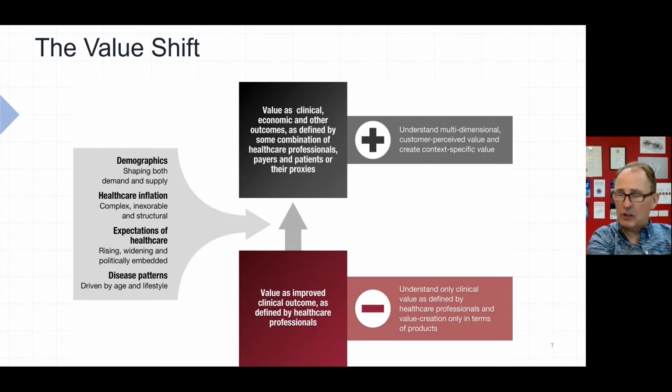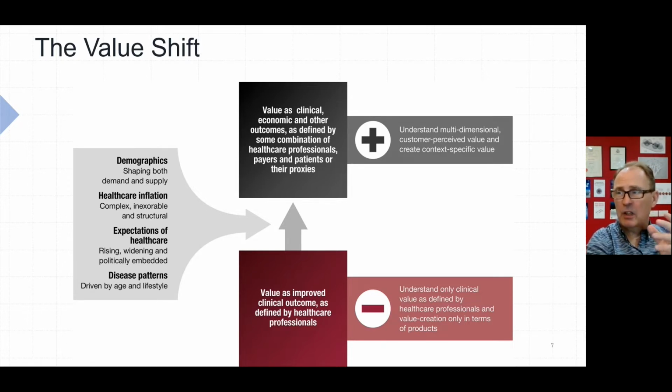And it's defined not just by the prescribers, but by a whole load of healthcare professionals and the people who pay for the interventions, and the patients, or sometimes their proxies like insurers. What that means, these boxes on the right, is that the environment now disfavors companies or business models that can only understand clinical value as defined by healthcare professionals, and only understand value creation in terms of products.